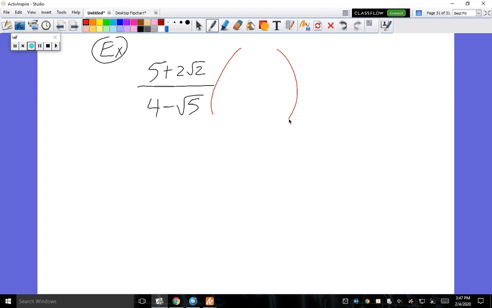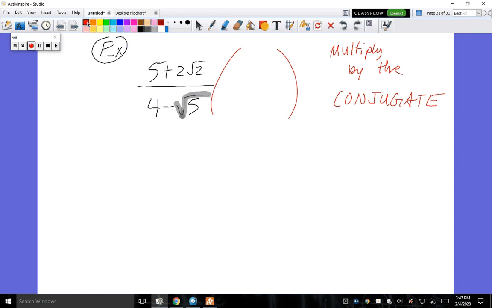And this form of 1 is called multiply by the conjugate. Just a fancy word of saying it's a piece that will not only get rid of this square root, but will simplify the bottom as well. Okay, you ready? Here we go.